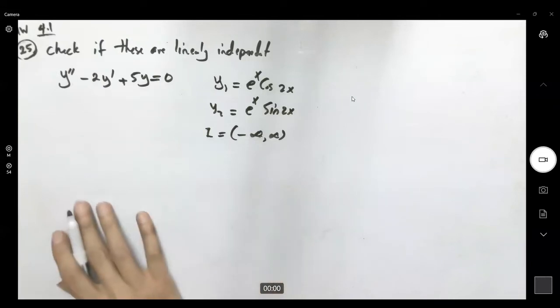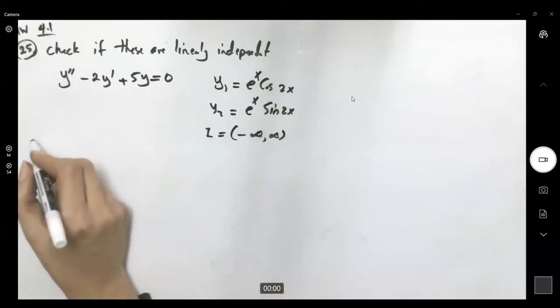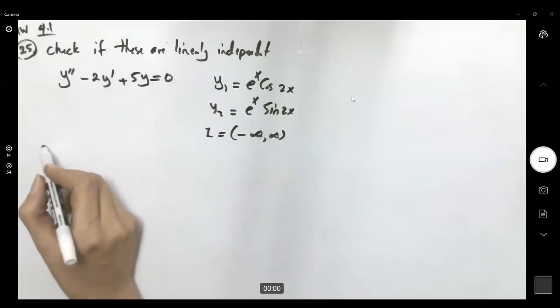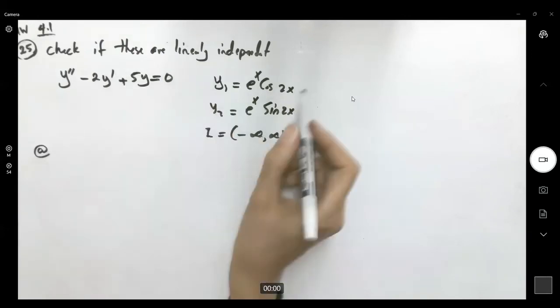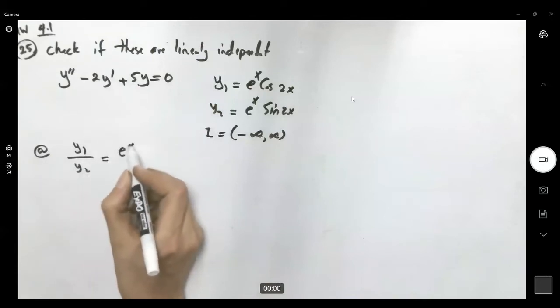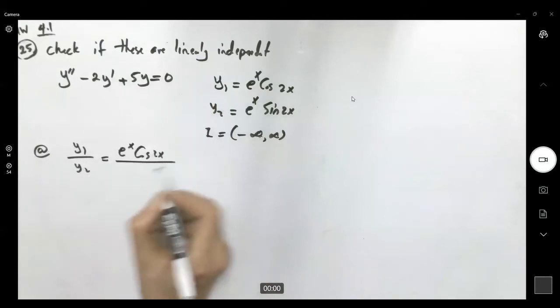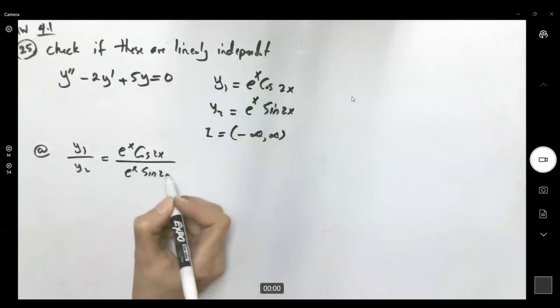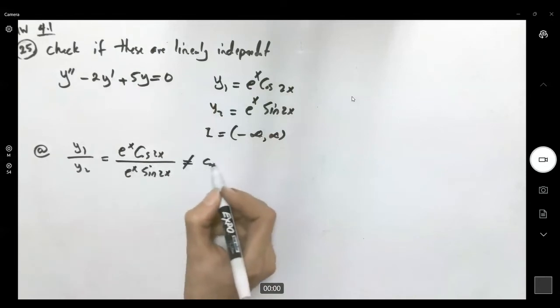Going back to pre-calculus and algebra, to check whether they are linearly independent from each other, first of all, we can form the ratio y1 divided by y2, which is e to the x cosine 2x divided by e to the x sine 2x, which is not a constant.